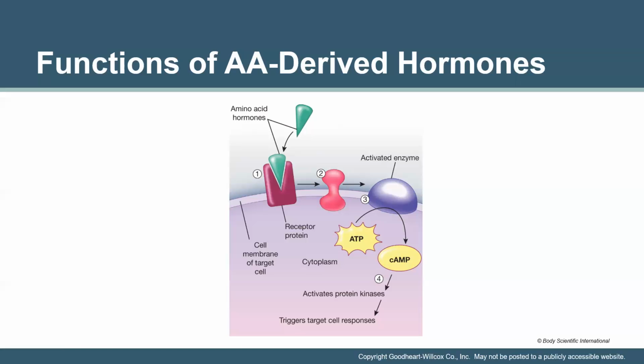So when the amino acid derived hormone binds with that surface receptor, it will activate the enzyme adenylate cyclase. Adenylate cyclase will stimulate the formation of something that we call cyclic adenosine monophosphate, or cyclic AMP, cAMP.